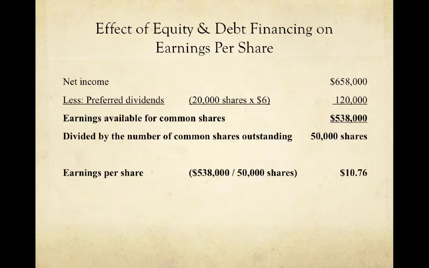We're going to subtract that from net income, which leaves earnings available for common shares of $538,000. When you take that amount and divide it by the number of shares of common stock, which is 50,000, you will arrive at $10.76 per share, and that's known as your earnings per share.